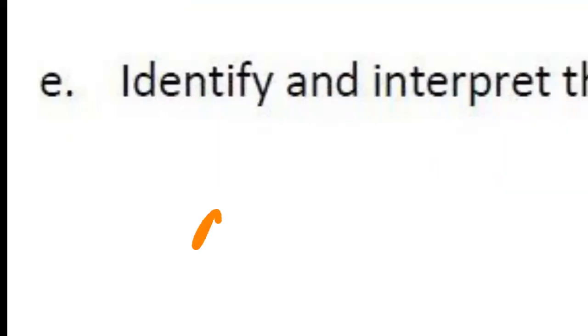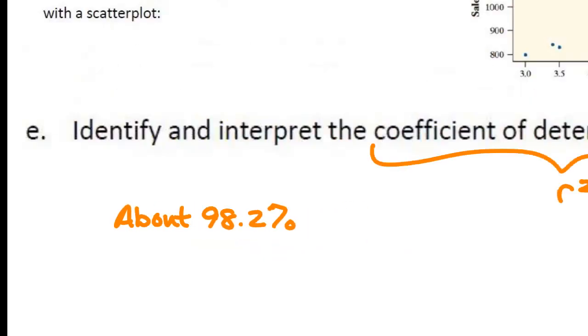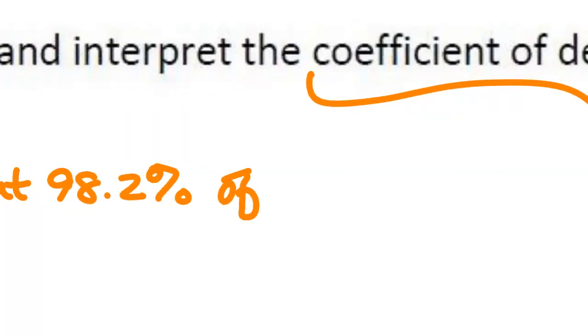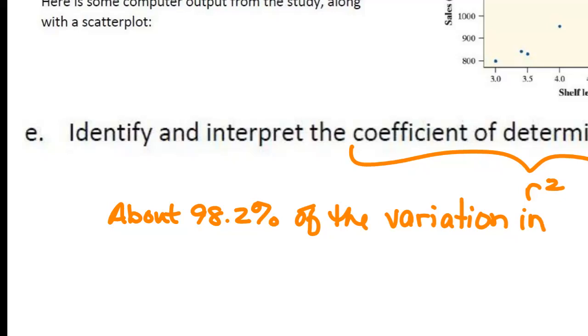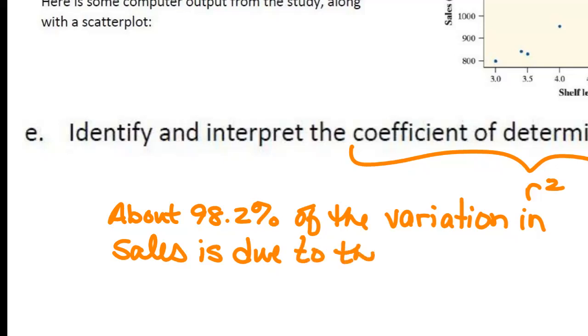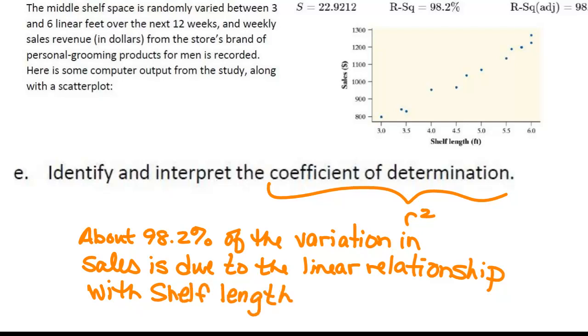So about 98.2% of the variation in sales is due to the linear relationship with shelf length as represented by the least squares regression line.